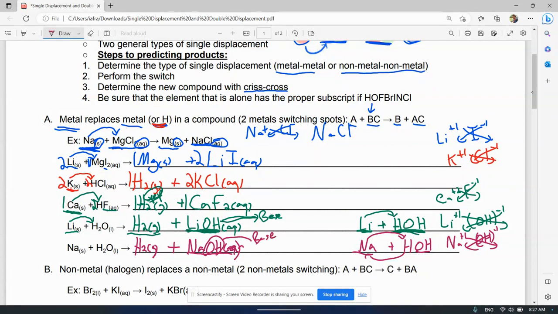This isn't balanced. If you want to, you could go back and balance it. You'd have to count your atoms and then try to balance the end result. So on this side, we have 1 lithium, we have 1 O, here we have 2 H's. And it looks like we have 2 H's here, 3 H's actually. So we're not quite balanced just yet. If we put a 2 here, that would be 2 lithiums.